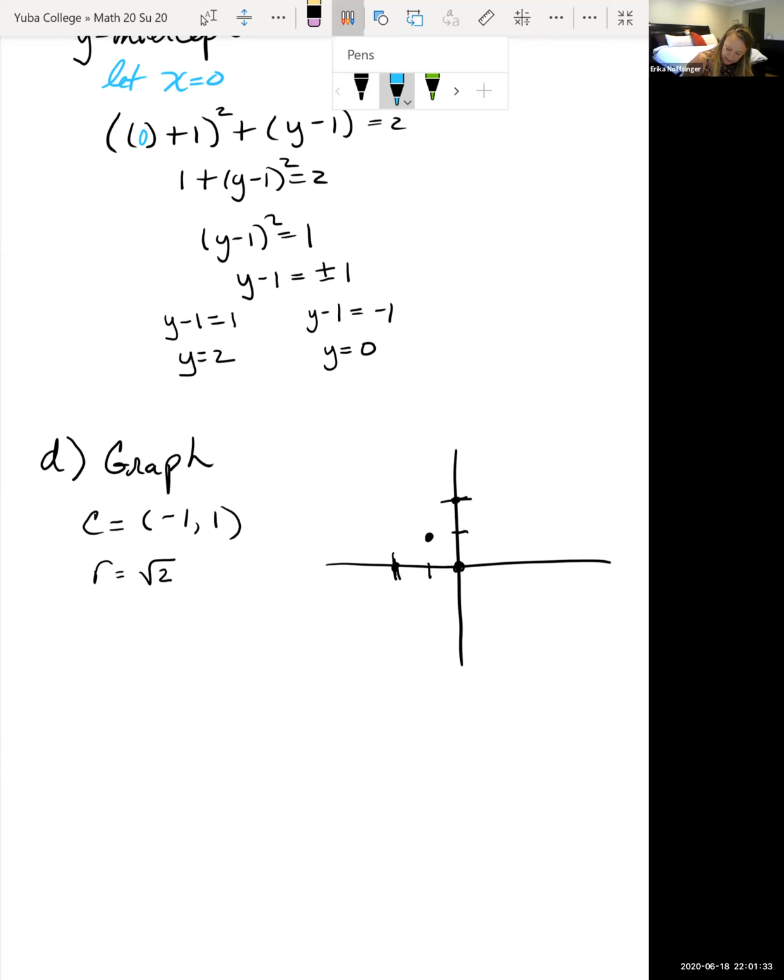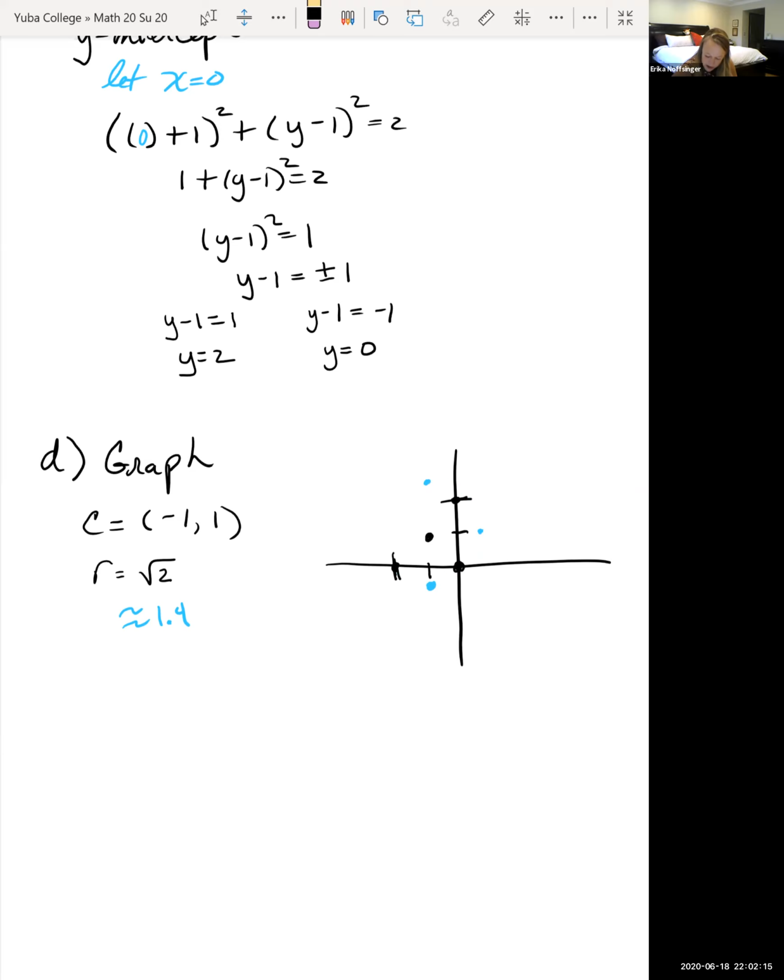And the radius is approximately, I believe, 1.4 if you plug that in the calculator. So if we go about 1.4 from this, that would get me about here. If I go down 1.4 from here, if I go to the right 1.4 and to the left 1.4, and connect my points.